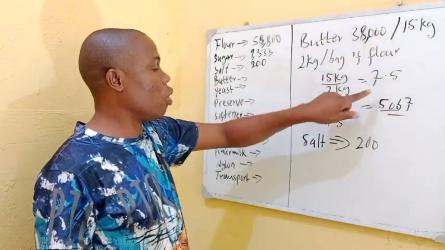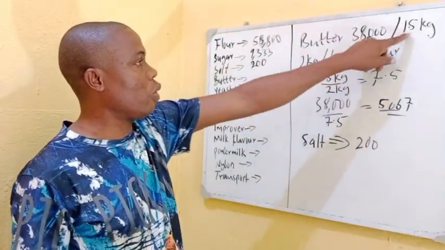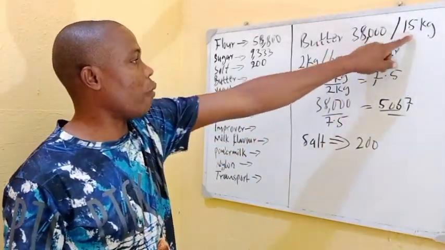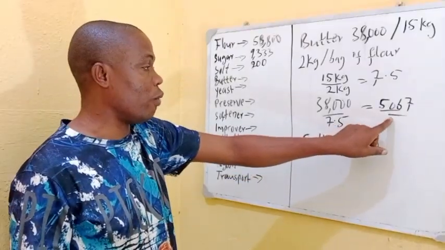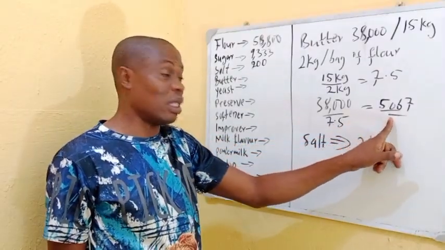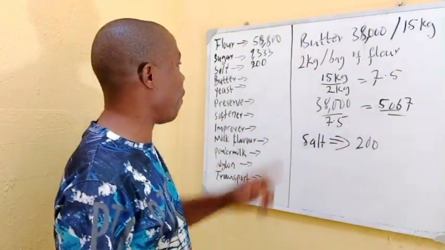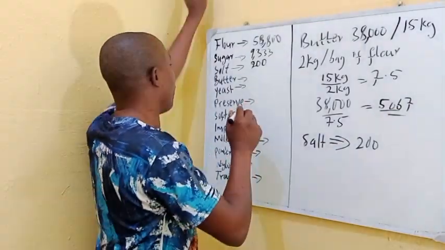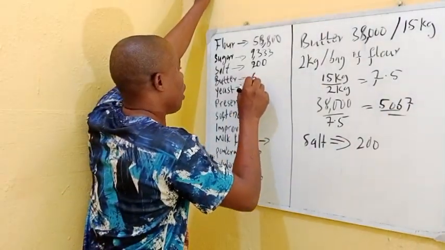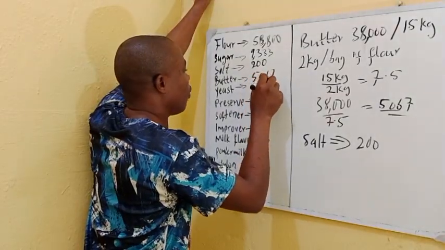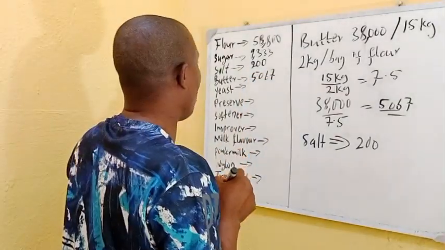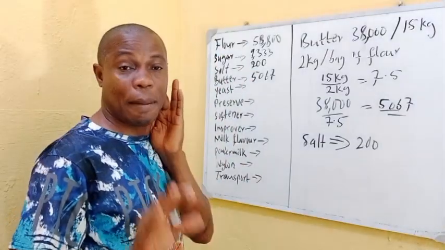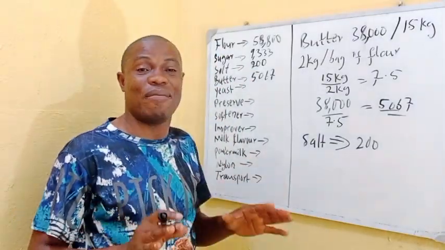So if we know this is the number of bags we use for this carton to finish, that means if we divide the cost by the number of bags, it will give us the cost of butter per bag. So this one is 5,067 naira. So for butter we have 5,067 naira for a bag of flour. Just follow step by step as we calculate every item.